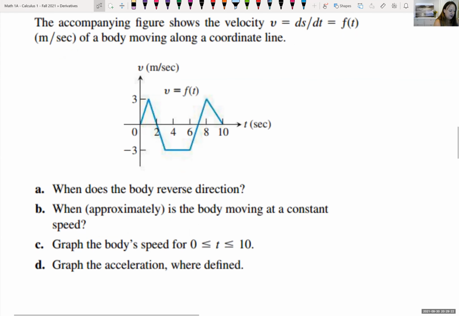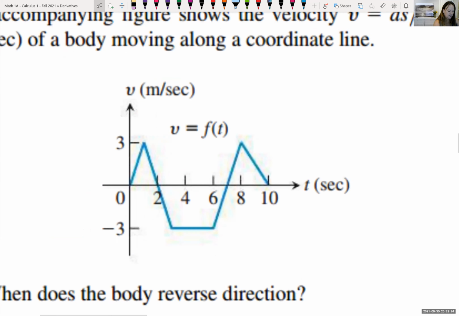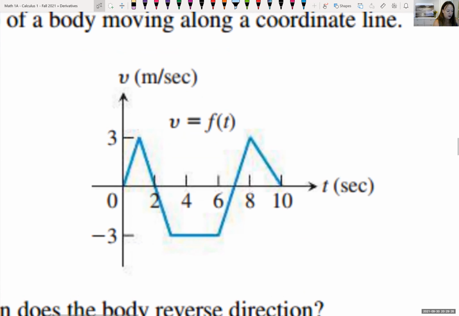asking. But if we look at this function in here, this is our velocity function. And so remember, velocity is going to be greater than 0 when we're moving forward.